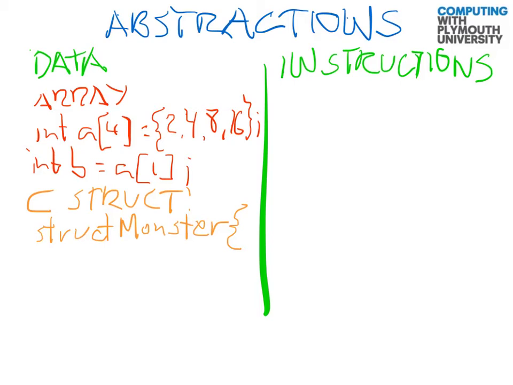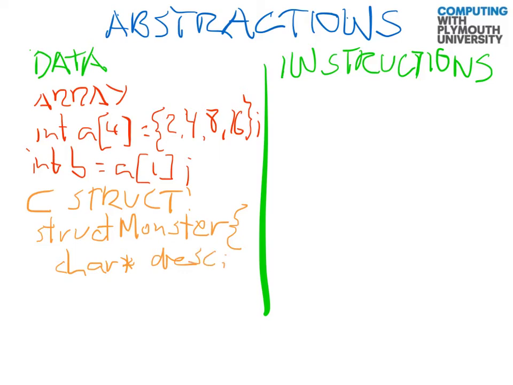So I'm going to have a string, which in C is a pointer to an array of characters. So it's going to have a string called description, or just desc for short.